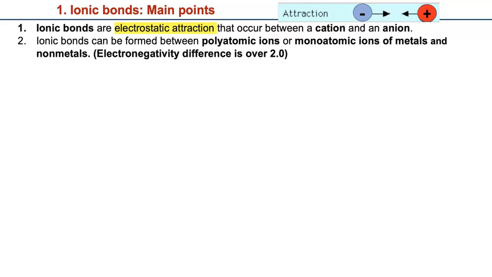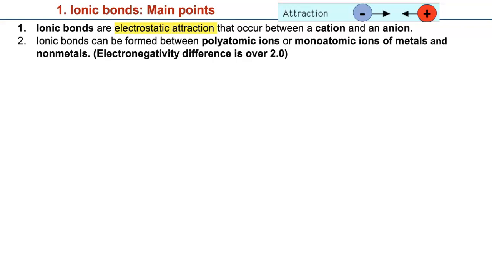Either the cation or the anion, or both of them, could be polyatomic or monoatomic, or a combination of the two. Generally, some people say an electronegativity difference of 1.7 and higher is ionic, but for our class, let's go with 2.0 and greater. That is going to be considered an ionic compound.